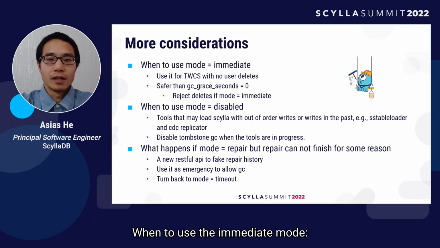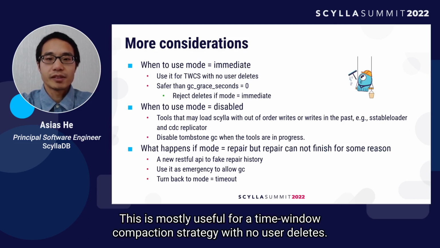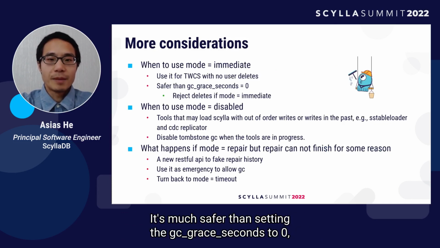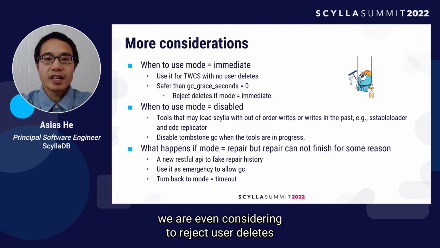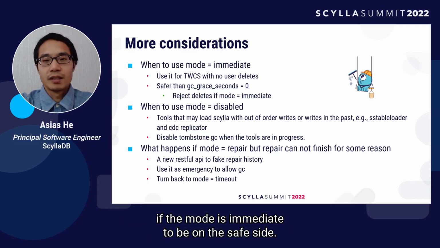The immediate mode is mostly useful for time window compaction strategy with no user deletes. It is much safer than setting gc_grace_seconds to 0. We are even considering rejecting user deletes if the mode is immediate to be on the safe side.